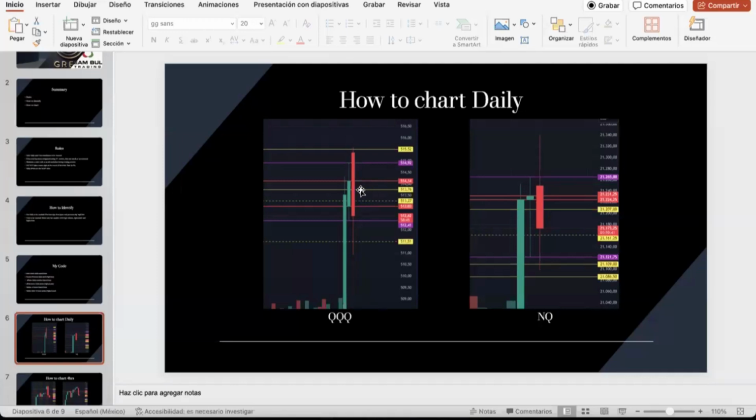So forget about these yellow ones, for the moment. On NQ, same: low purple, high purple, open red, close red. So that is my chart.